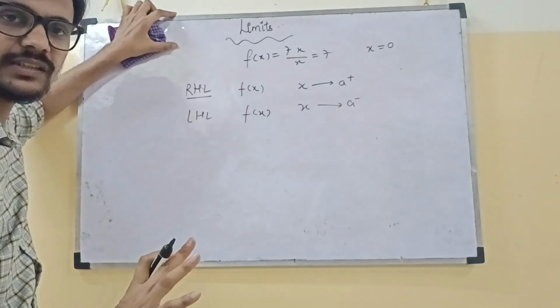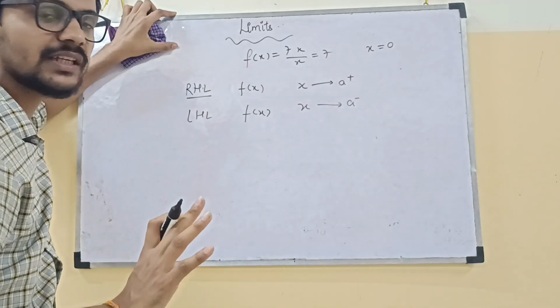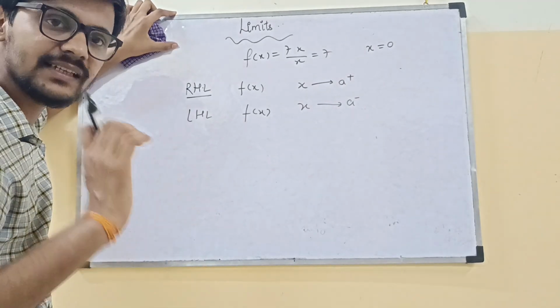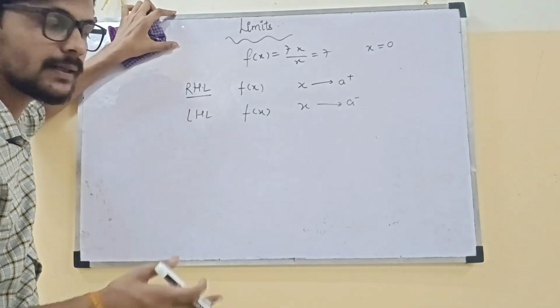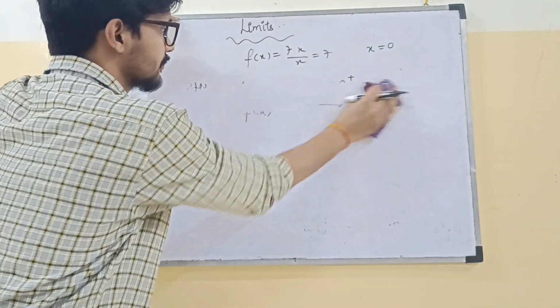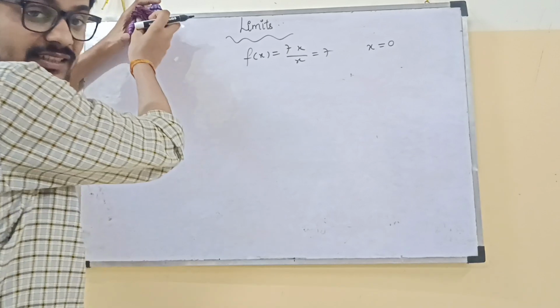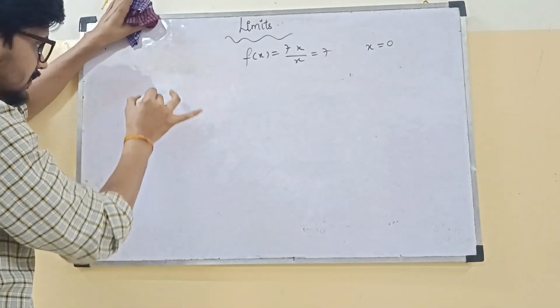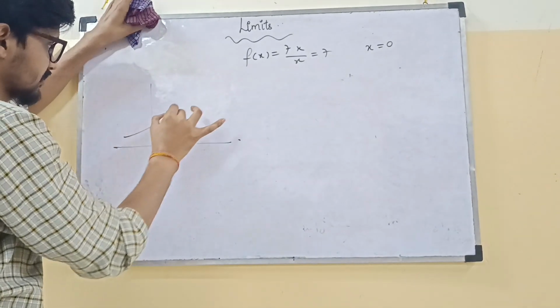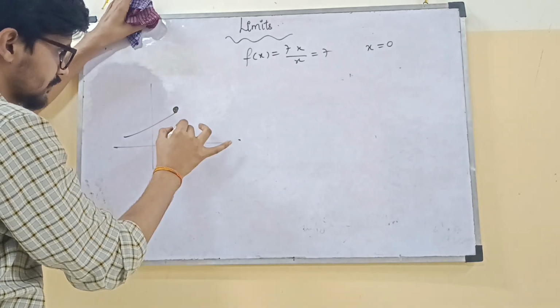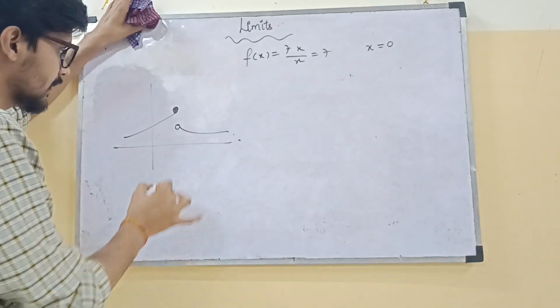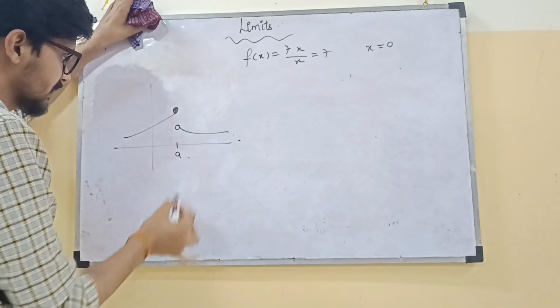Now we'll take a few examples and we'll try to see when we will say our limit exists and when our limit is not existing, right? So for that, consider this example. So this is your point.